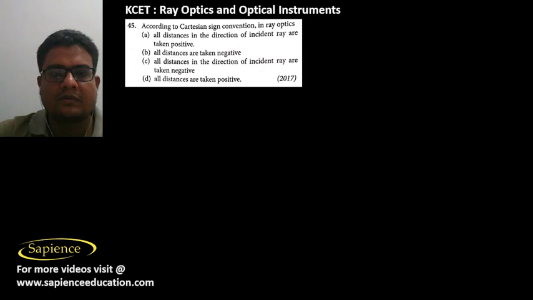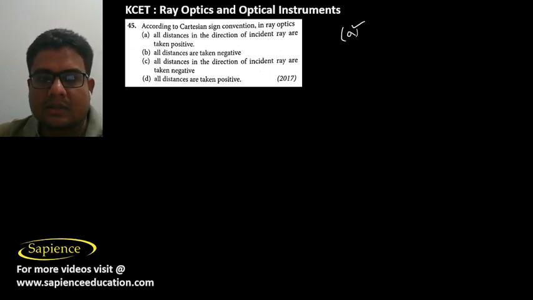Here in question number 45, it is told, according to Cartesian sign convention in ray optics, all distances in the direction of the incident ray are taken positive. Yes, option A is correct. All distances taken negative is wrong. All distances in the direction of incident ray taken negative is wrong. All distances taken positive is also wrong. So option A is the correct answer.